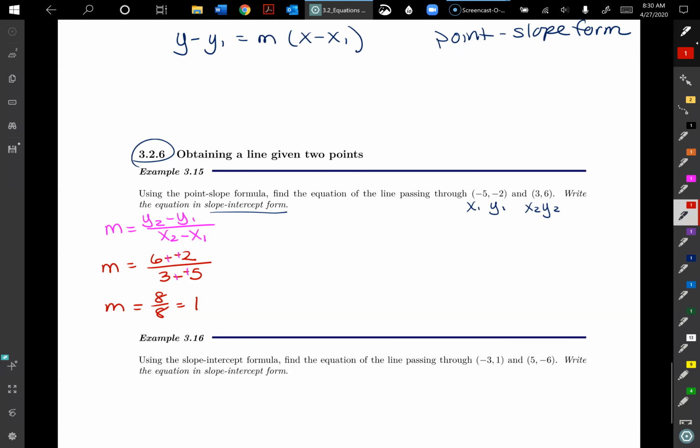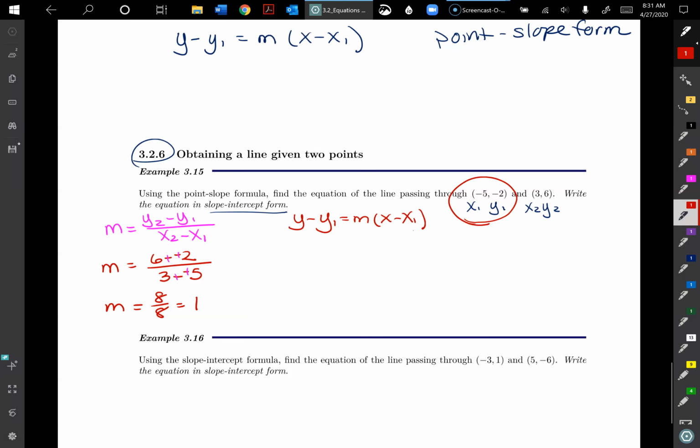So now having that information, and we know that we have this point slope form or formula, this publisher likes to call it, we can plug in 1 point. So you could actually pick either, but just make sure you only pick one. I'm just going to pick this first one here and plug that in for x sub 1 and y sub 1, and then also plug your slope in, the 1.